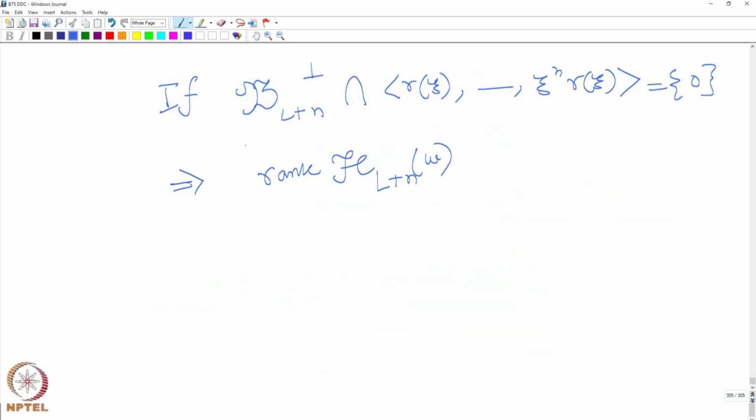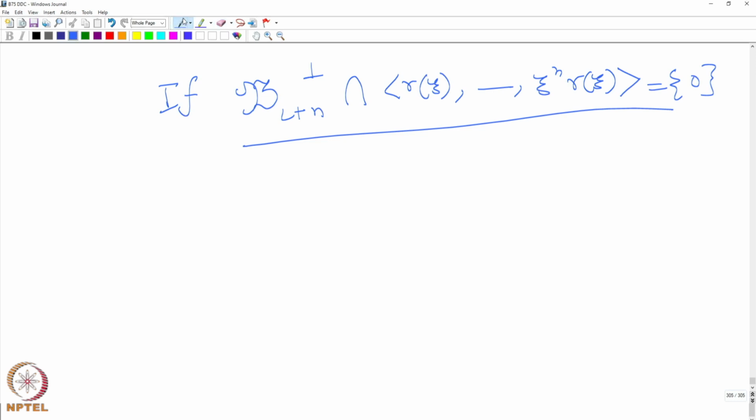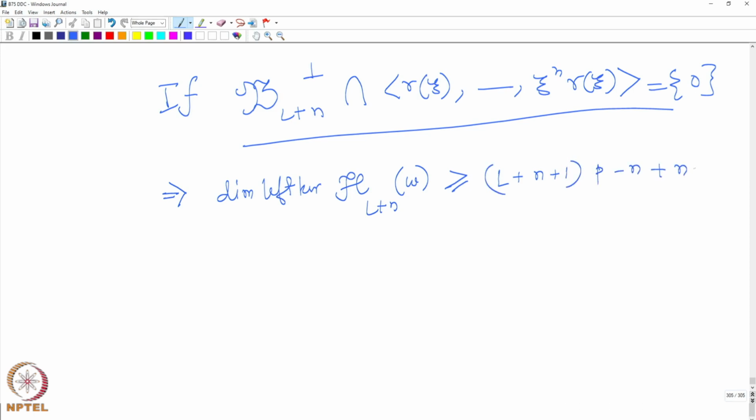So if this were also true, then rank of H_{L+n} is bigger than or equal to... let me write down one step after the other, because we have done this a little earlier, it may have slipped our mind. This implies the dimension of the left kernel of H_{L+n}^w is bigger than or equal to (L+n+1) times (p minus n plus 1).